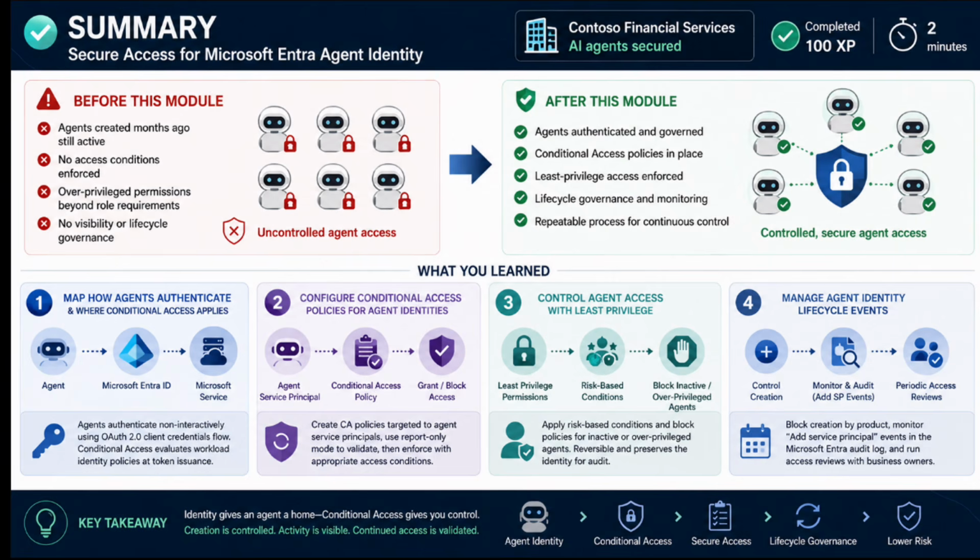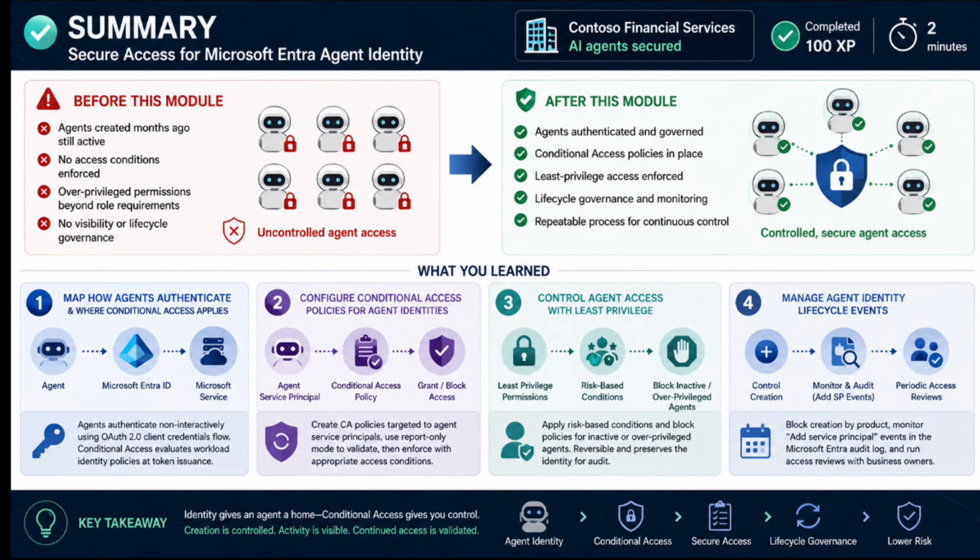The team learned that these agents authenticate non-interactively by using the OAuth 2.0 client credentials flow, which means that they can't respond to human-based controls such as multi-factor authentication or device compliance. Because of that, the most effective protection comes from conditional access policies designed specifically for workload identities, allowing the organization to evaluate and control how agent identities receive access to Microsoft services.